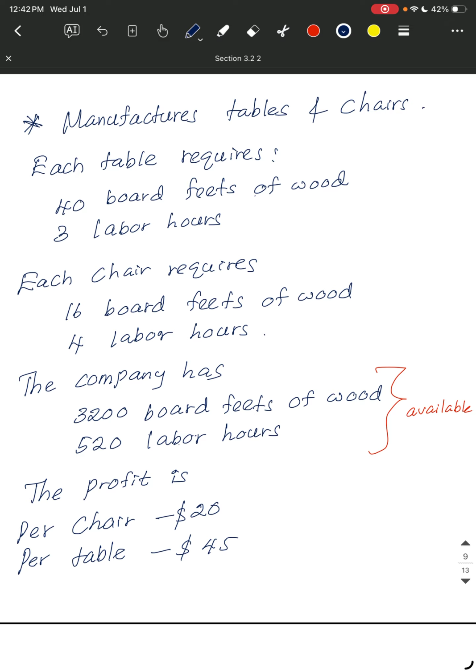So then let's follow the 5-step procedure to solve this linear programming problem. Step 1, define variables. Think about what are the variables?